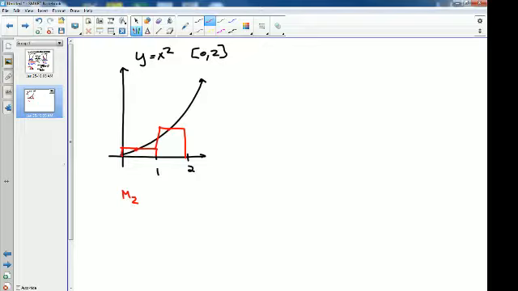The slope is increasing, correct? Yes. So this triangle will be bigger or smaller? Bigger. Yes. Right. The right one's bigger.